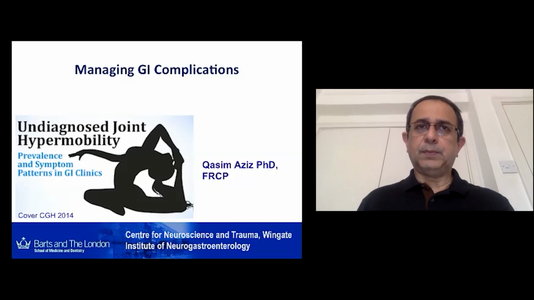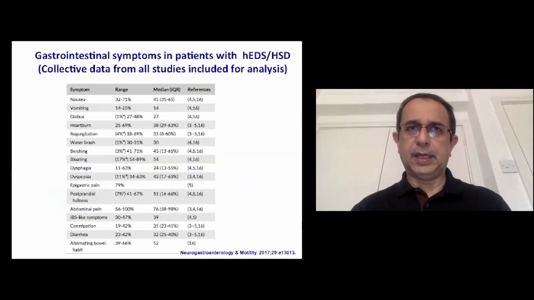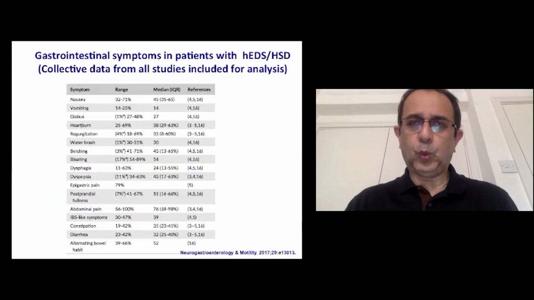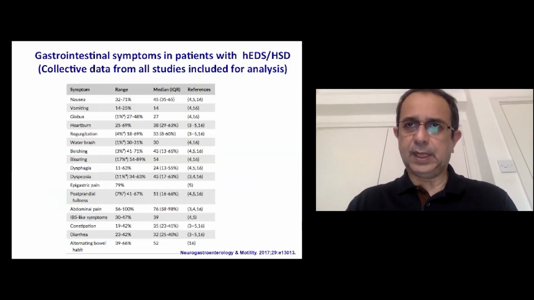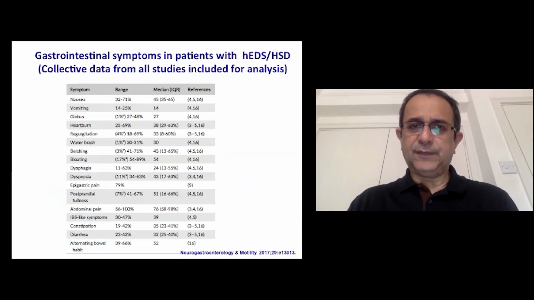So I'm just going to start with a description of what gastrointestinal symptoms patients with HEDS and HSD largely present with. But suffice to say that any subtype of EDS can present with very similar symptoms.